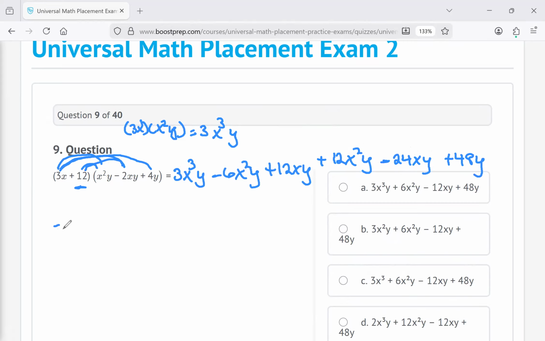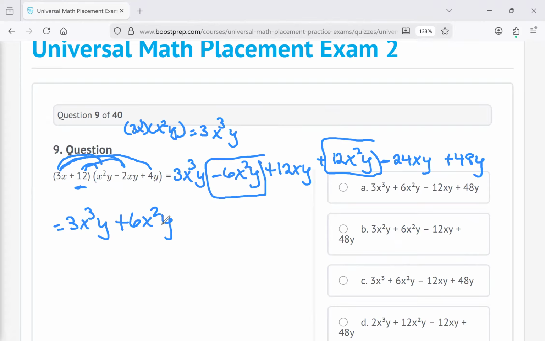Then can we collect like terms or cancel things up? I think we can. We have the 3x cubed y. I think these two terms can be collected, because they both have an x squared y. So what's 12 minus 6? Positive 6. And then what else can you collect? The 12xy and the negative 24xy. So what's 12 minus 24? Negative 12.